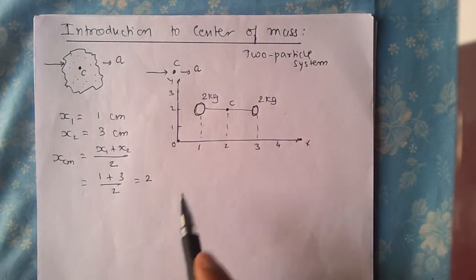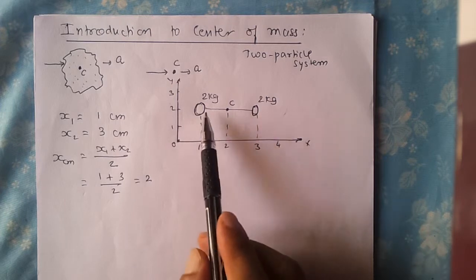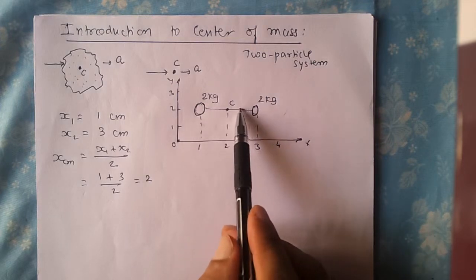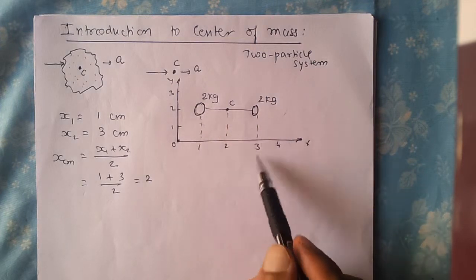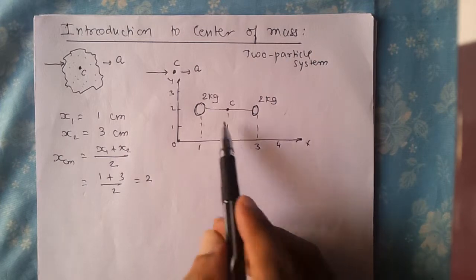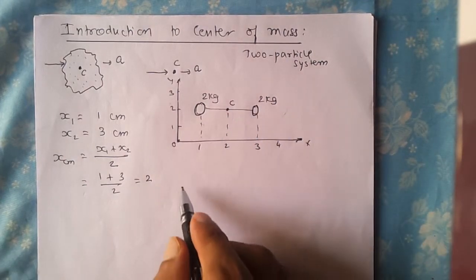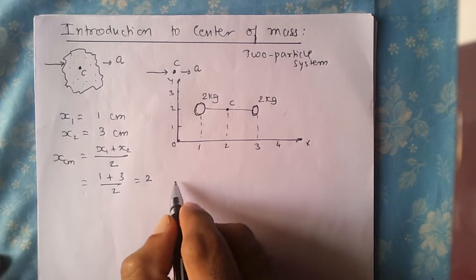Quite obviously we have taken a very simple case where the two objects are placed in such a way that they are parallel to the axis. What would happen if this two-particle system is not parallel to the x-axis or even to the y-axis?